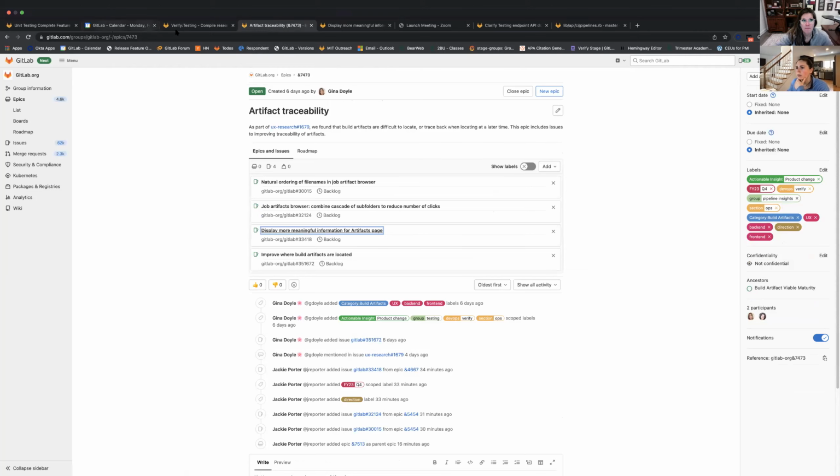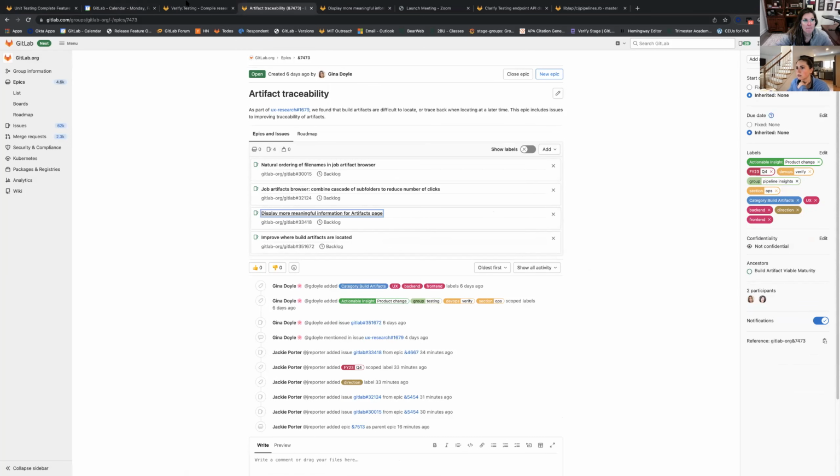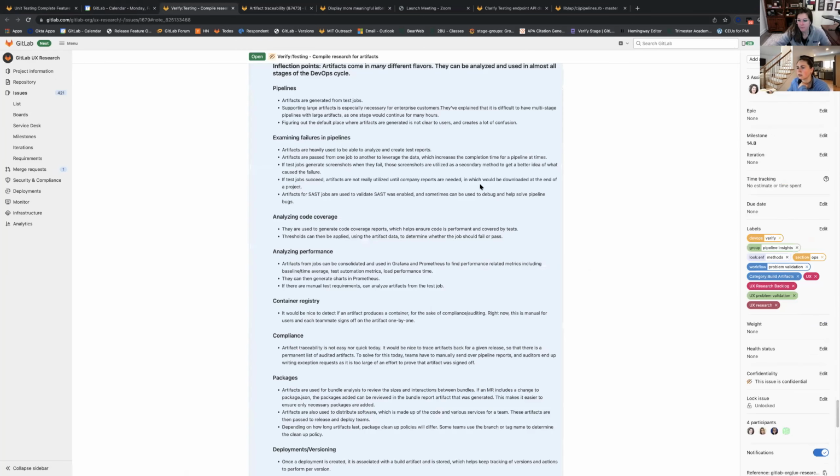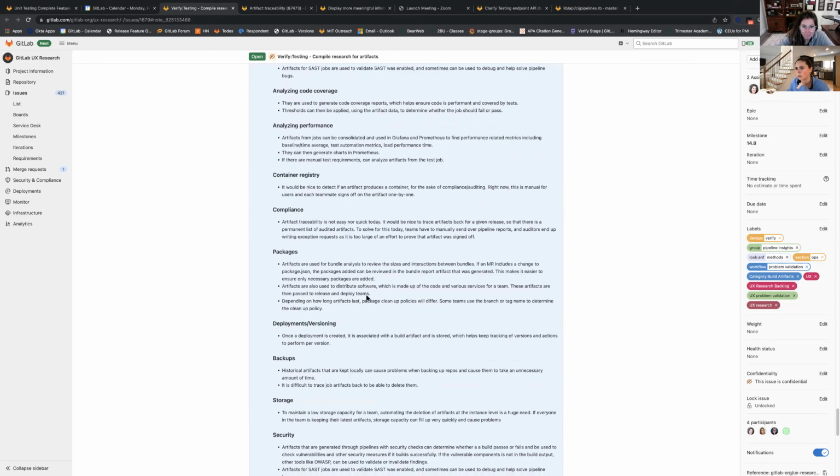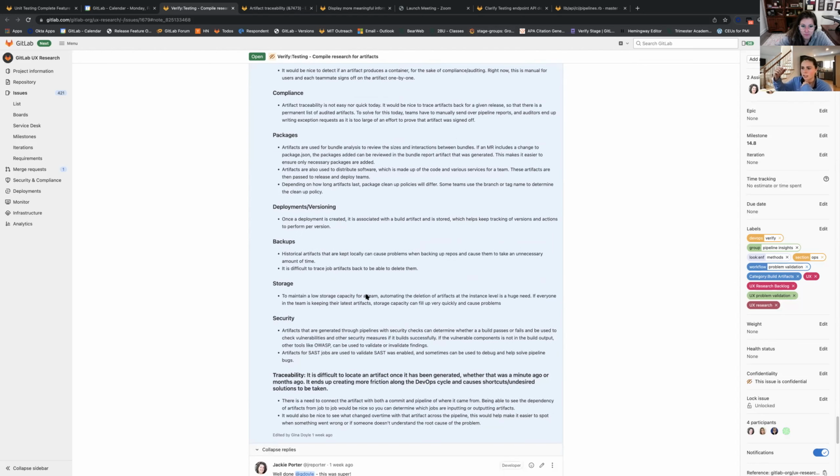One other thing that came up that I think was really interesting was input and output of artifacts within a pipeline, because usually artifacts are carried over between jobs, and they wanted to know which of your jobs are actually outputting an artifact and which one was taking it in.